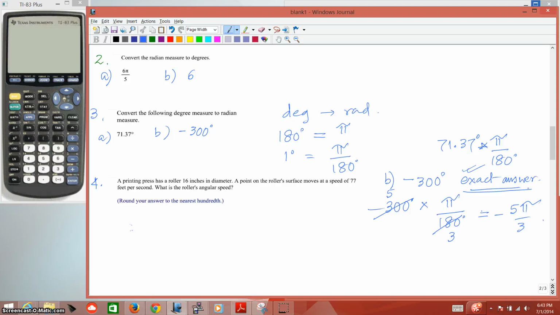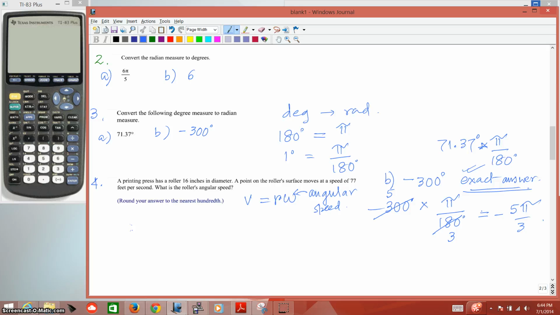A point on the roller surface moves at a speed of 77 feet per second. You have to find the angular speed. Most of the students already did this basic relationship, v equals r omega, where omega is your angular speed and v is the linear speed.